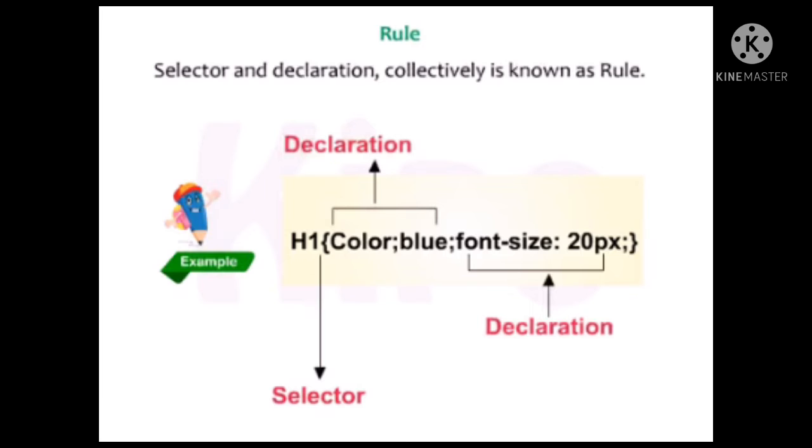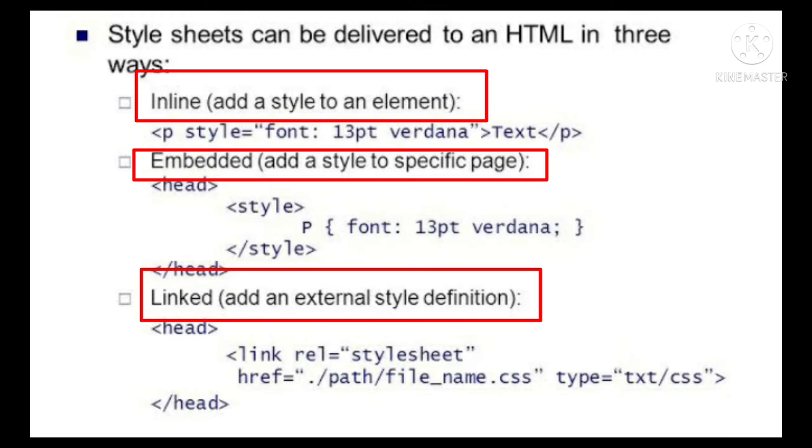Color is given, font size is given. So we are applying them to this selector, which is H1 here. So the selector along with the declaration is called a rule. Okay, and next we are going to learn different methods of applying CSS.